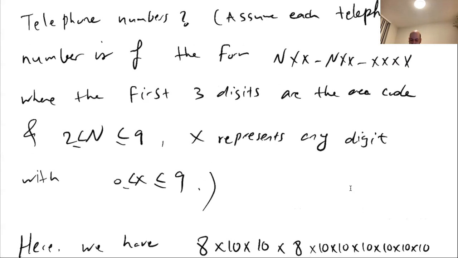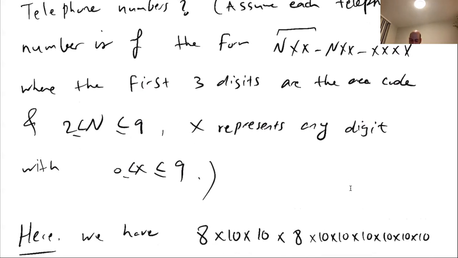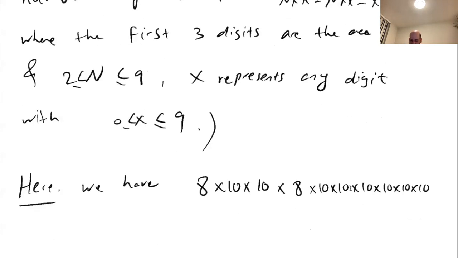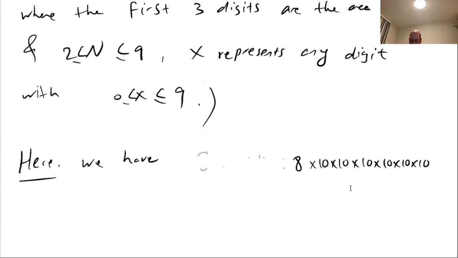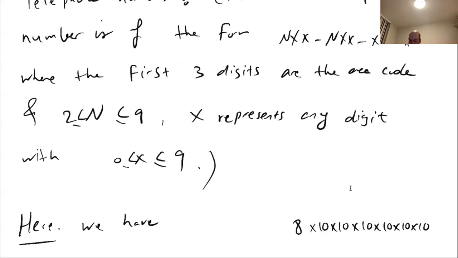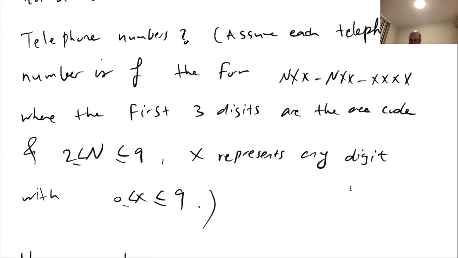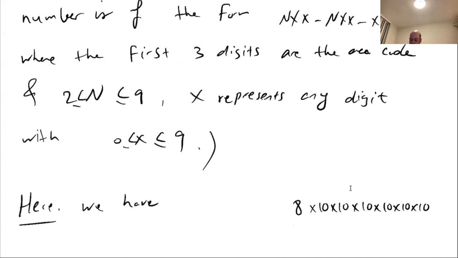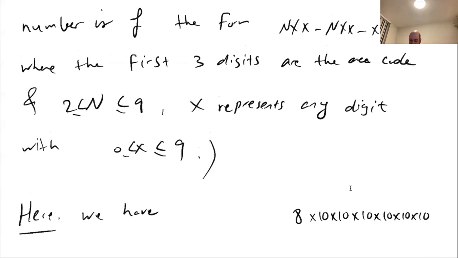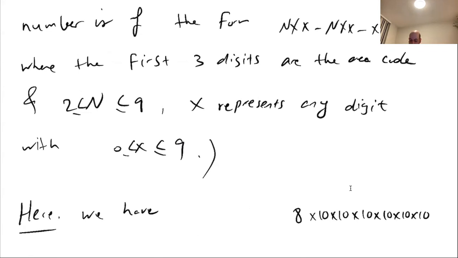Well, the first 3 digits are the area code, right? So let me first count, apart from the area code, how many phone numbers we have. Ignoring the first 3 digits, the remaining digits are 7 of them. For the first digit, we have 8 options because it is an N. And for the remaining 6 X's, we have 10 options for each.